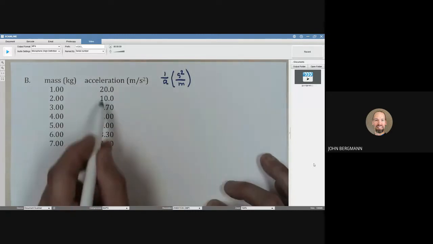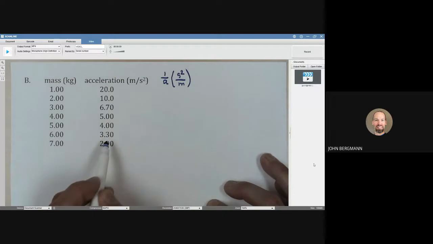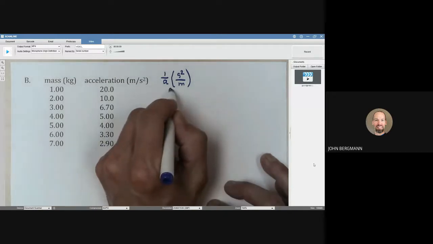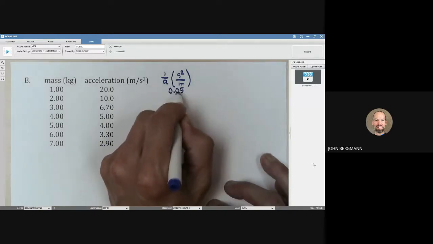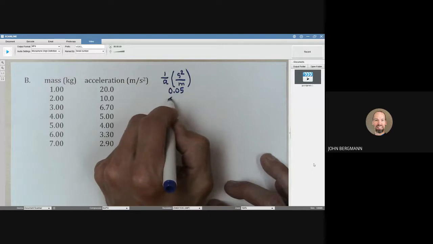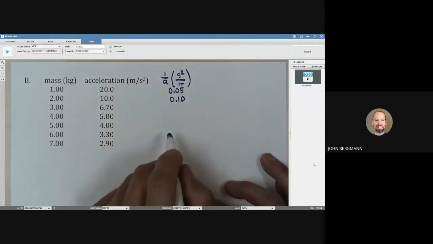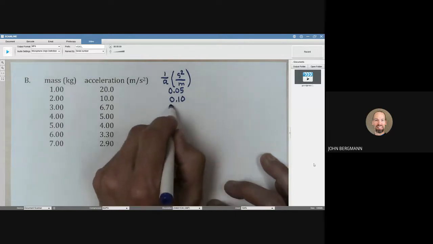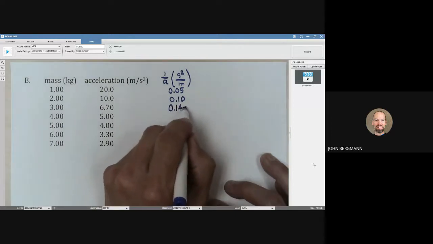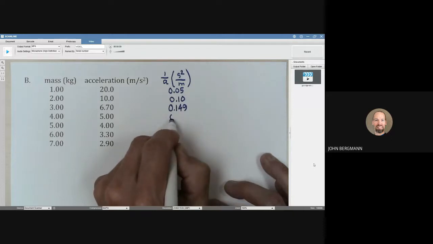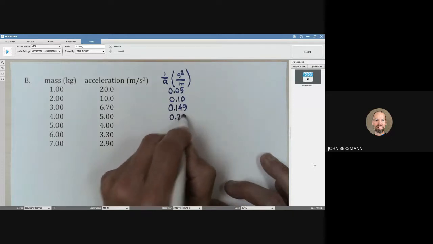Now we take the reciprocal of each of these values, and I've taken the time to do that already. 0.05, reciprocal of 10 is 0.1, obviously. Reciprocal of 6.7 is 0.149. Reciprocal of 5 is 0.2, obviously.